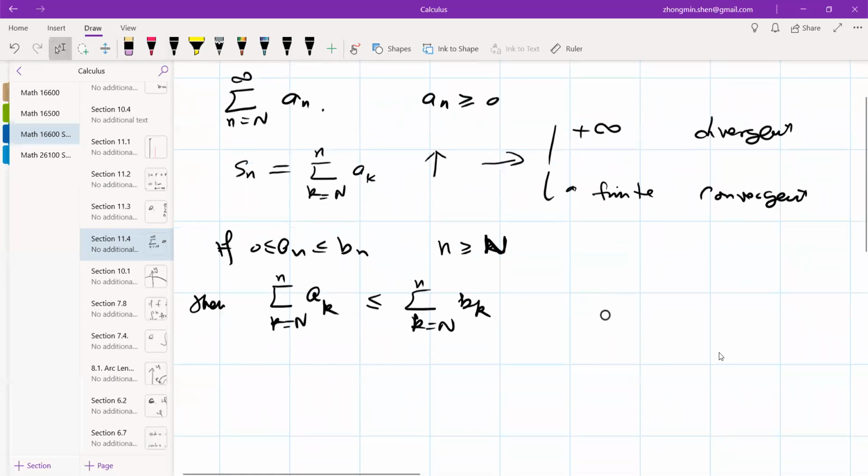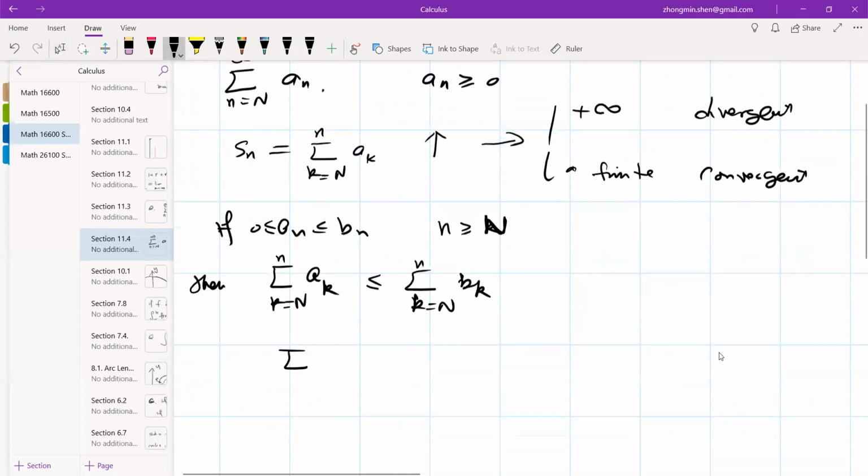It's always true, right? Then you pass to the limit, and you have this inequality.